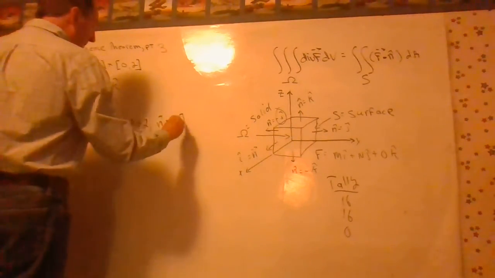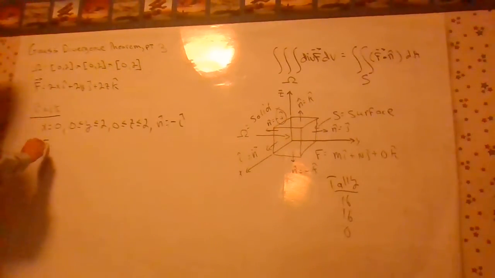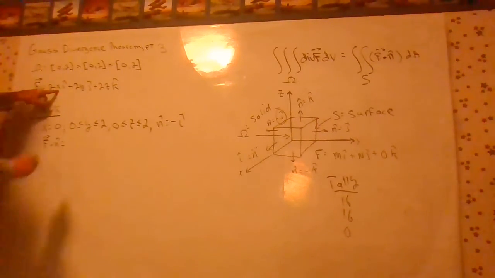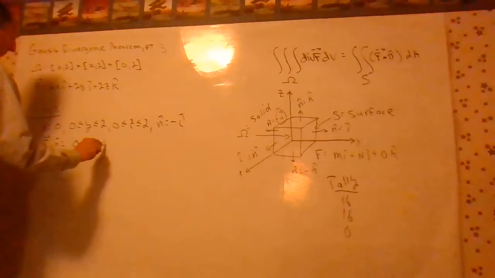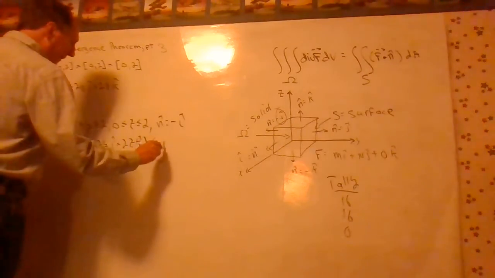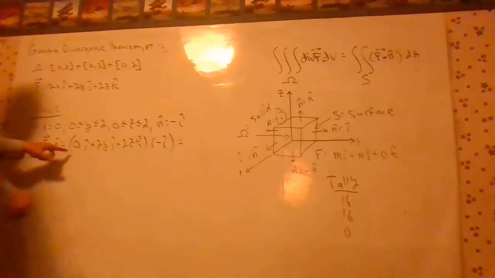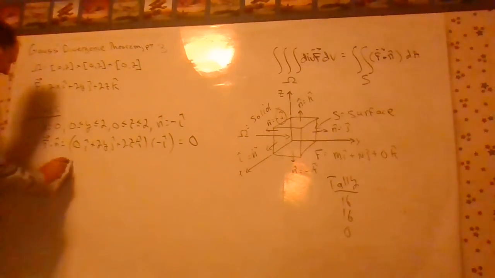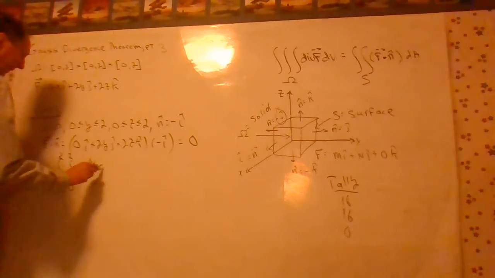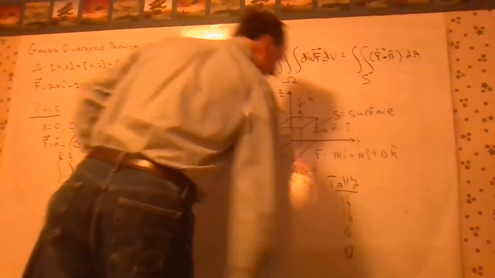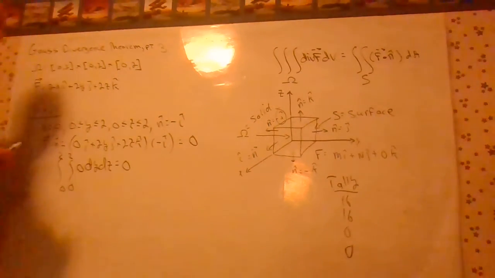And F dot n is equal to, x is 0, so we're going to put a 0 in here, 0i plus 2yj plus 2zk dotted on negative i. Now we get 0 times negative 1 is 0. And so we have double integral 0 to 2, 0 to 2, 0 dy dz, and that's 0. Okay, we're supposed to get 48, so we're 16 short.